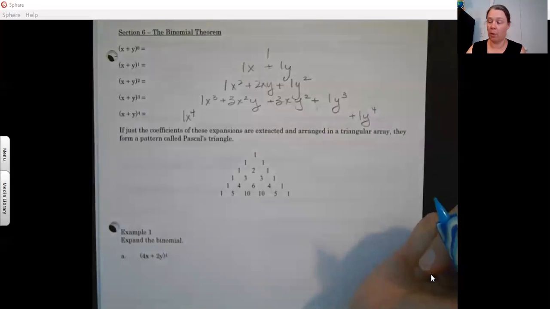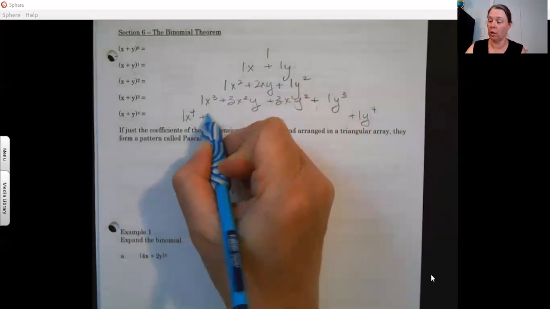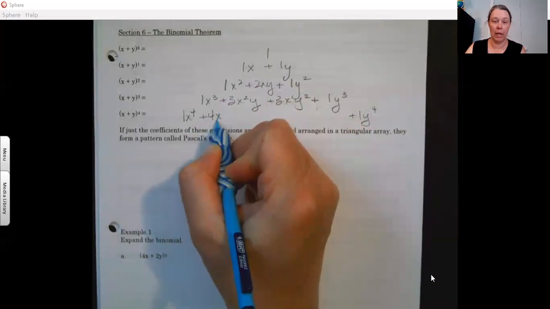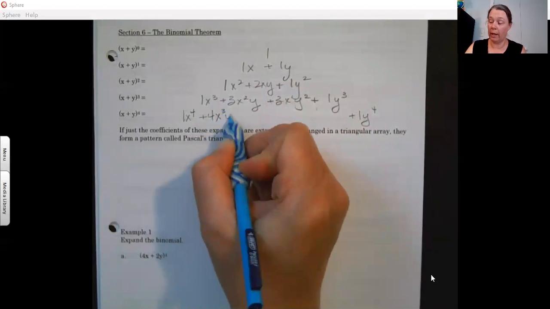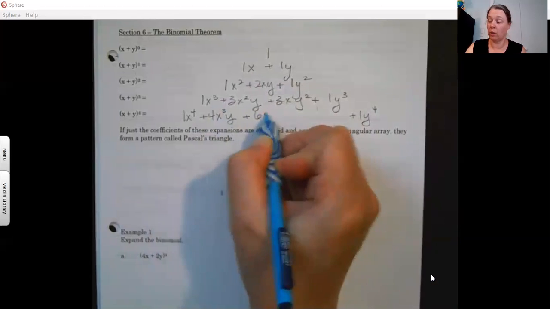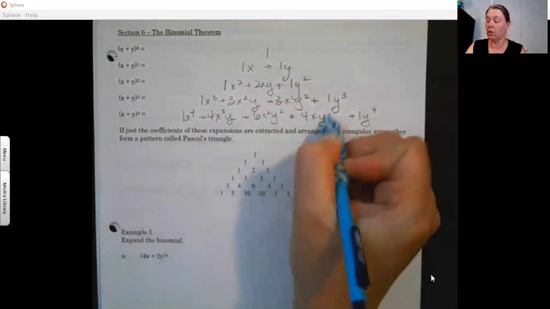Any guesses about what this is going to be? You might be noticing 1, 2, 3, this is 4. Any ideas on the power? So it's going to be 4x cubed y, and this is going to be 6x squared y squared, and this is going to be plus 4xy to the 3rd.